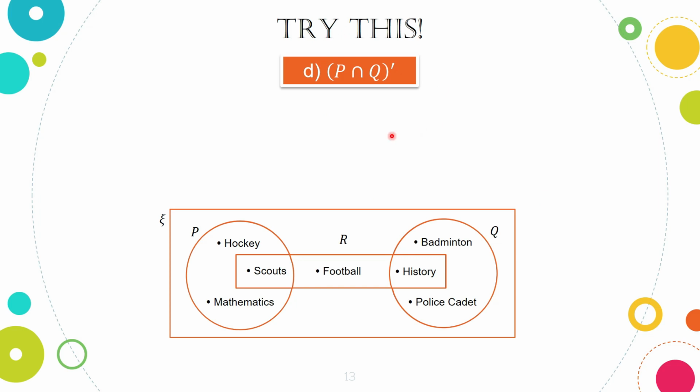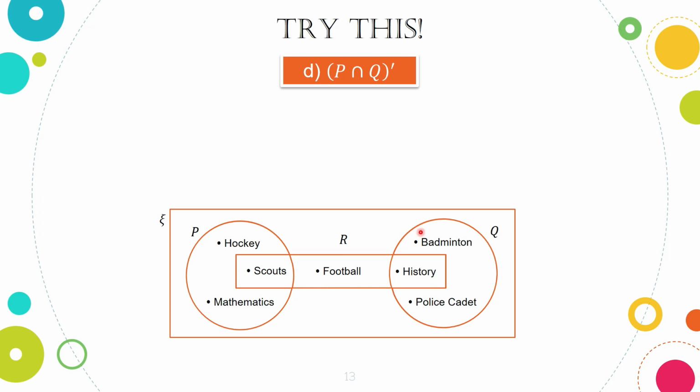My answer is same with Fiona. Oh, your answer is same with Fiona. Hockey, mathematics, badminton, and police cadet. That is your answer. Okay, that answer is incorrect.